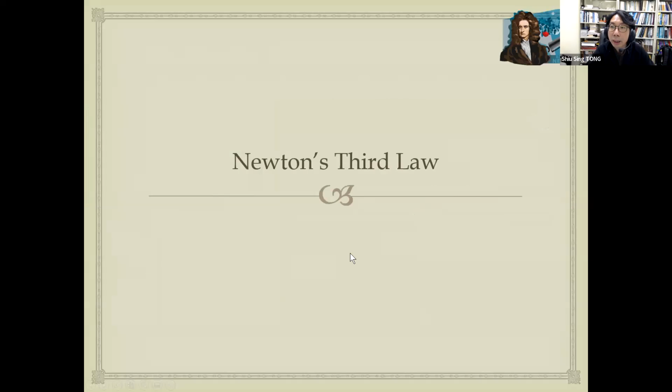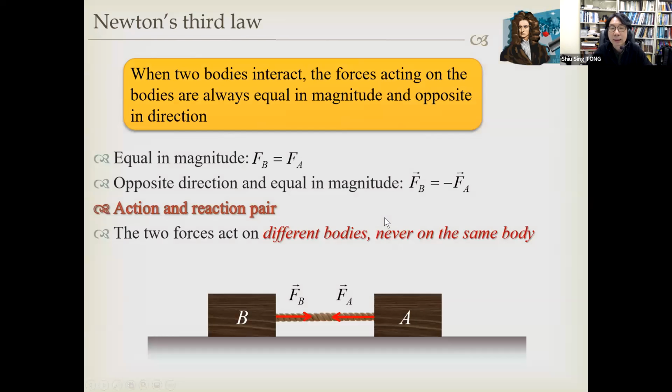I also would like to have a review with you on Newton's third law. I think you know what Newton's third law is. It says that when two bodies interact with each other, the forces acting on the bodies are always equal in magnitude but opposite in direction. So imagine now you have two bodies A and B. For example, in this example, they are tied together by a string.